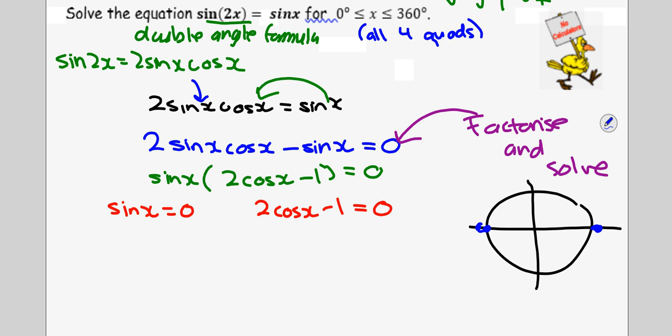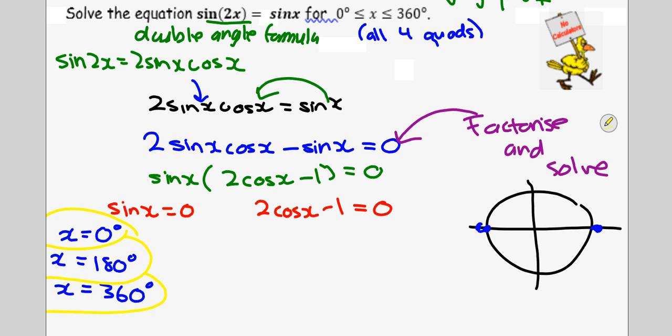So there are 3 answers: x equals 0 degrees, x equals 180 degrees, x equals 360 degrees. There are your 3 answers from the sine part.